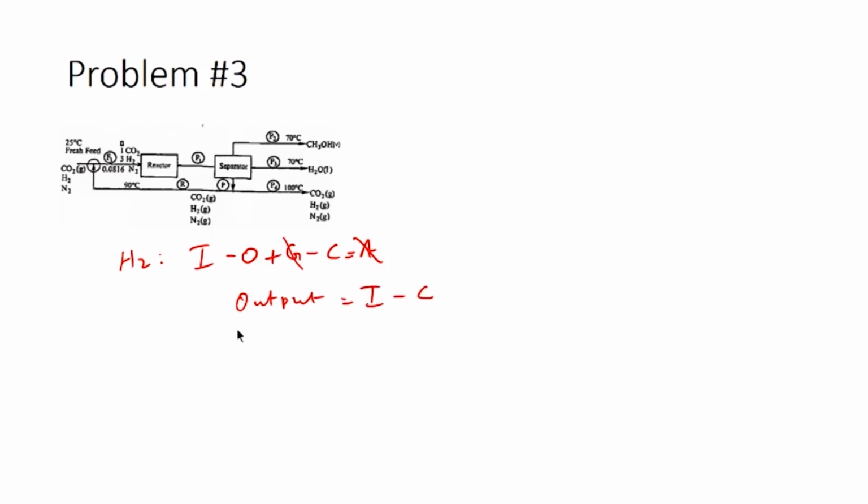So, input we already know is 3 kilomoles. What is consumption? Consumption of hydrogen would be equal to 0.57 times 3, because this 57% conversion for a single pass applies for both carbon dioxide and hydrogen, because they are fed at stoichiometric ratios. So, the number of moles of hydrogen consumed would be 1.71 kilomoles.